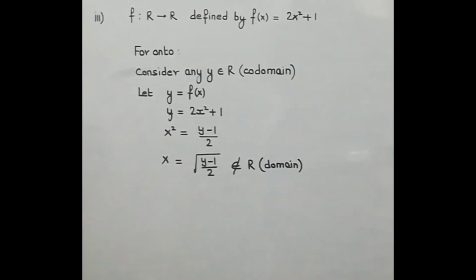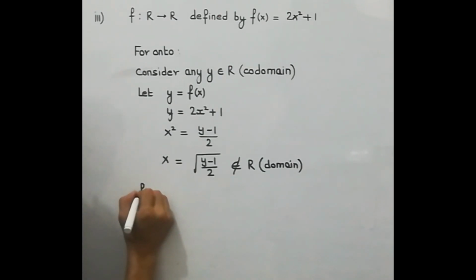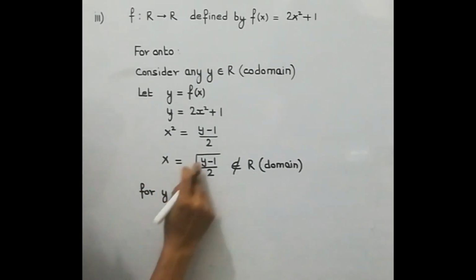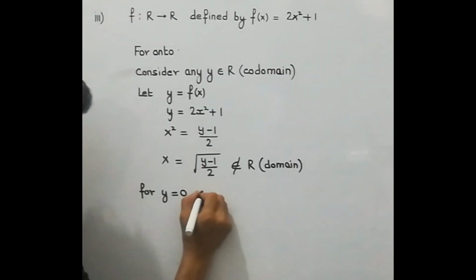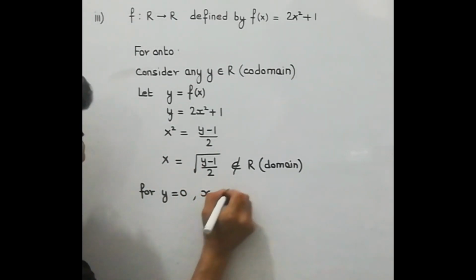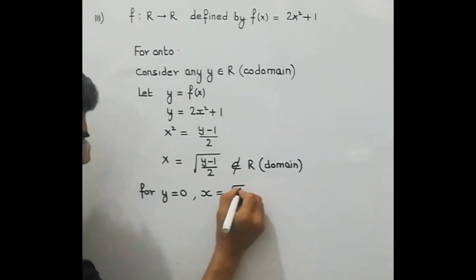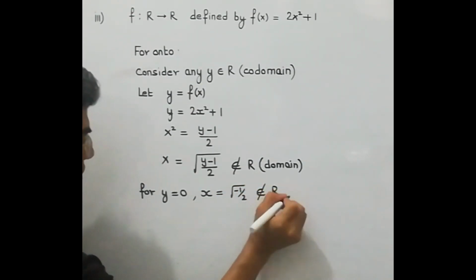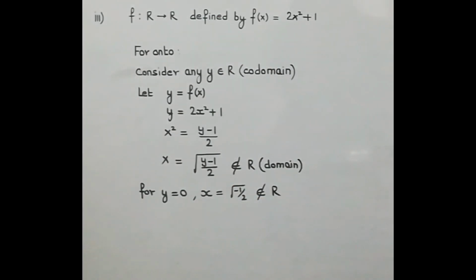Now here we can show the working. So for y is equal to 0, you substitute y, you are getting x is equal to under root of minus half, and minus half does not belong to real numbers. That means it is not belonging to domain.